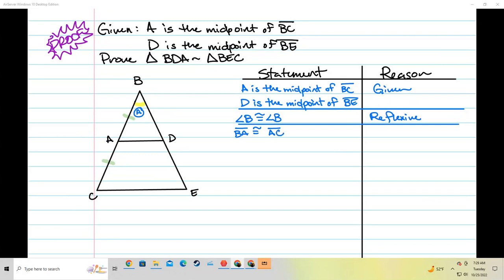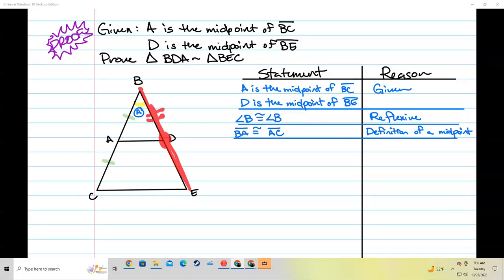And that's exactly what I marked, right? I have those two pieces. BA is congruent to AC. That's true. How do I know that? Well, because it was a midpoint. That's what a midpoint does. So I'm going to say definition of a midpoint. If I use that exact same reasoning, here's my segment BE and D is the midpoint.